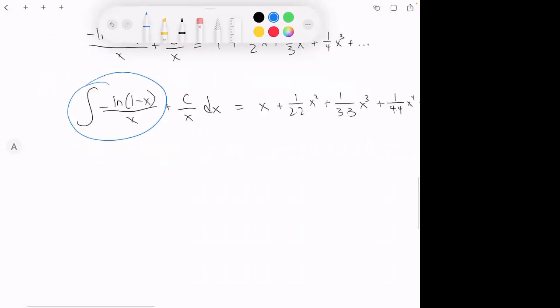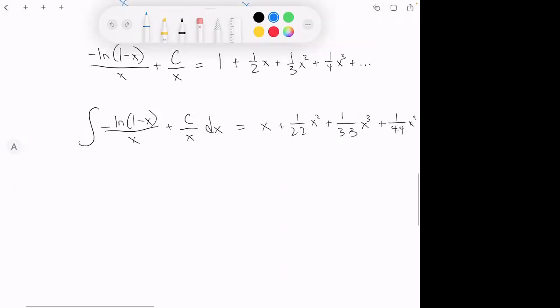Okay, so this right here. I'll probably say let u be 1 minus x, and that means x is 1 minus u, and it means du is negative dx.